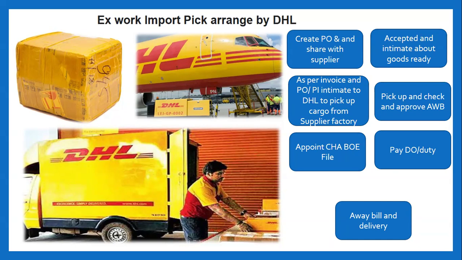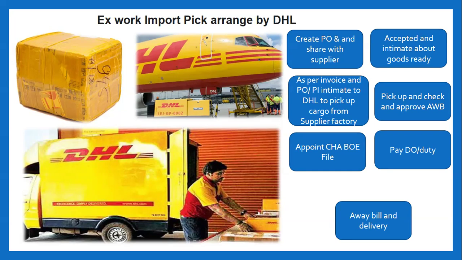Here: supplier address, supplier contact details, Incoterms, payment terms, and the unit prices. Also we need to mention the total value of the shipment. Once we create the purchase order, we need to share it with the supplier.